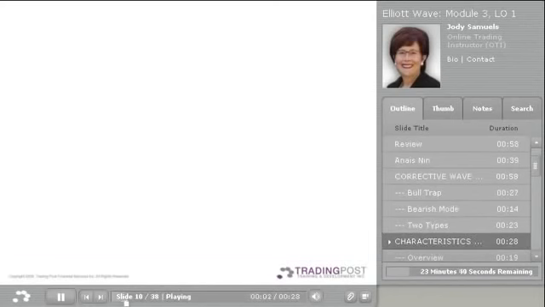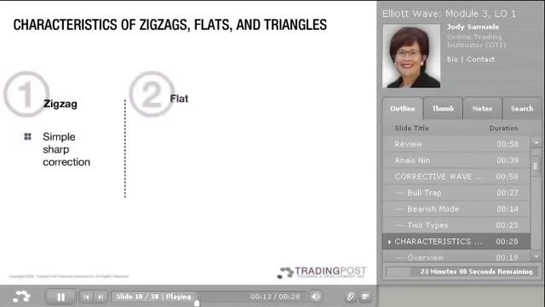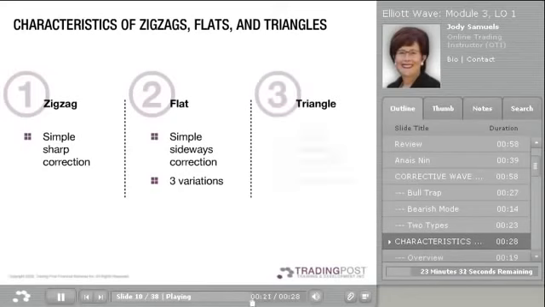There are three types of corrective patterns: zigzags, flats, and triangles. Zigzags are characterized as simple, sharp corrections. Flats are characterized as simple, sideways corrections. There are three variations. And triangles are also described as simple sideways corrections. There are four variations.